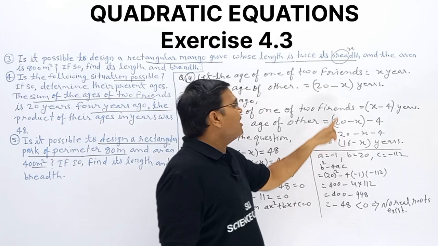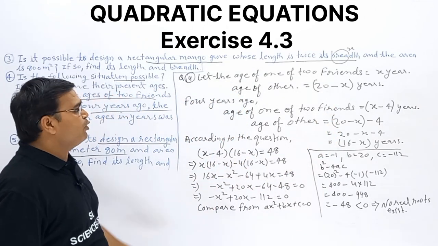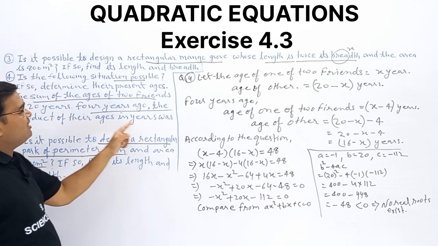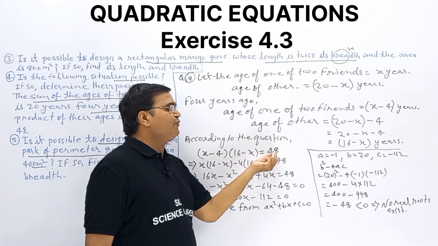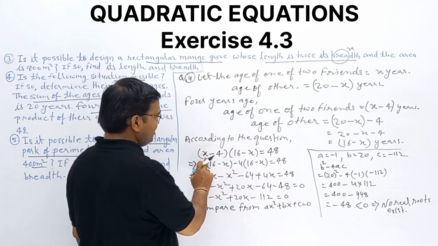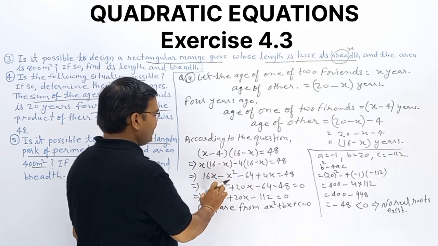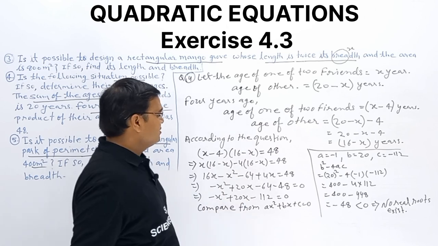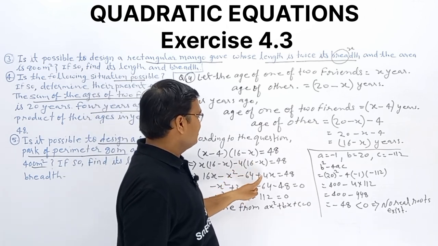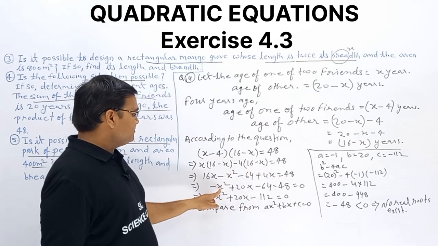Clear? Now the product of both, x minus 4 into 16 minus x, will be 48. The product of their ages in years was 48. Multiply 16x: this will be multiplying this one, and this minus 4 is multiplying this one. 16x minus x square minus 64, and minus into minus plus we are having 4x and this one minus x square.